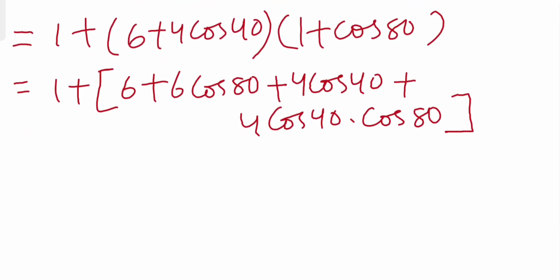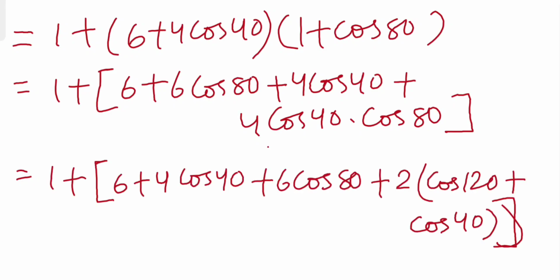And then let's again simplify. Basically here we have used the formula 2 cos of a plus b by 2 into cos of a minus b by 2, and then we have this here.